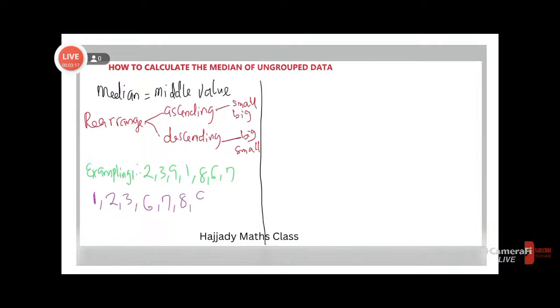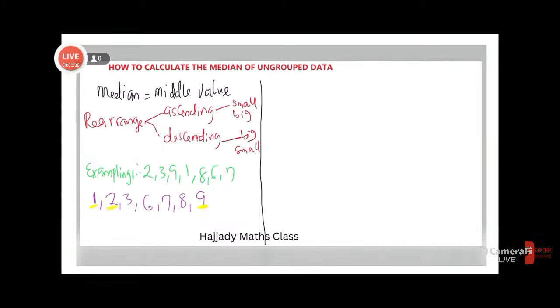So for us to determine the middle value here, there's a technique we are going to adopt, and this is the technique. You are cancelling from both sides. Now let me cancel the first value at the left hand side. I'm cancelling the value from the right hand side too. So that is gone. Then we move to the next one, cancel it out.